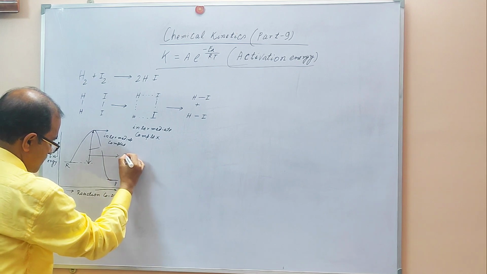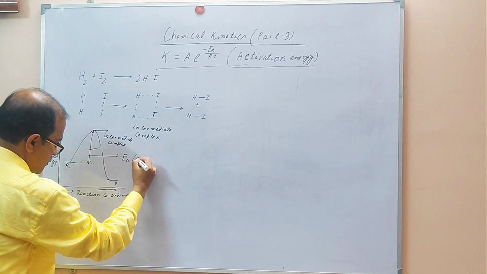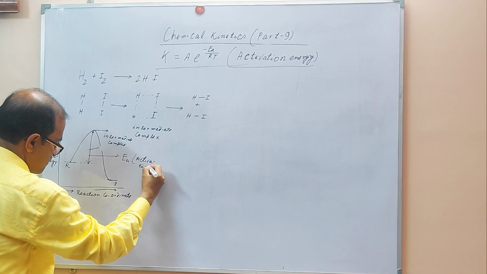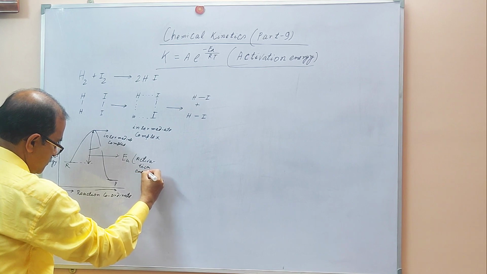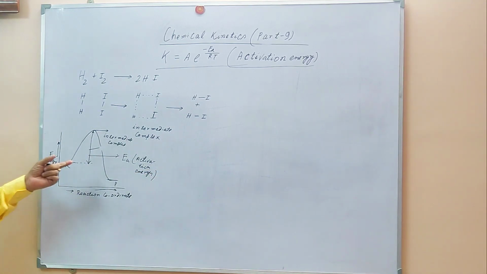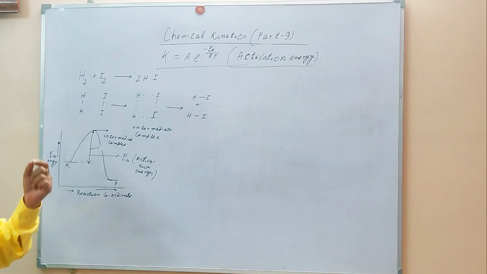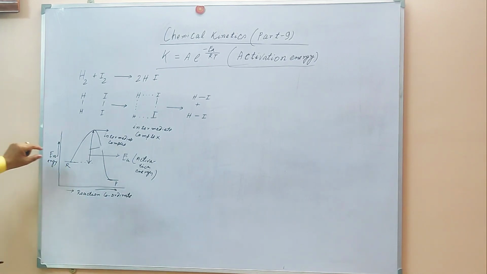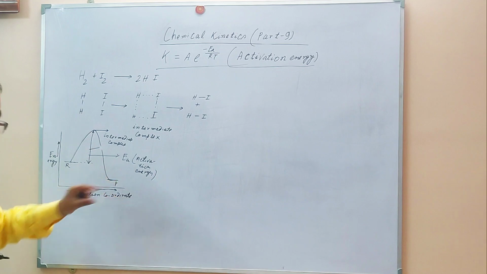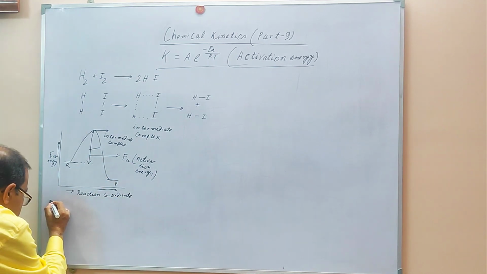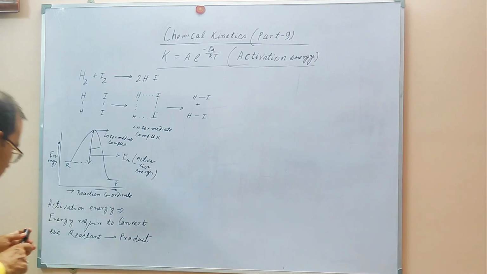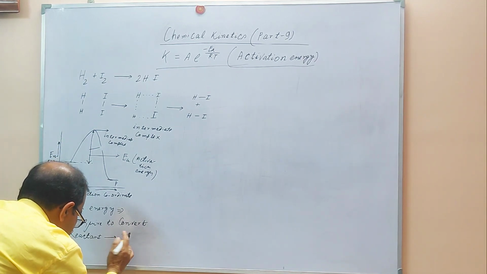And this is Ea, or activation energy. So we can say that activation energy is basically the energy required to convert the reactant into the product, into the complex.